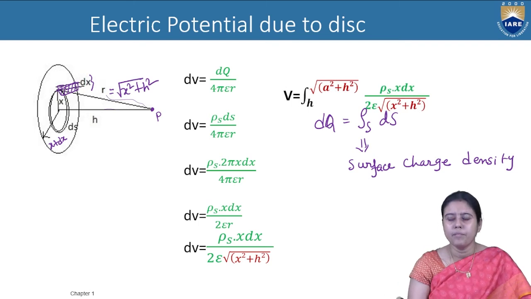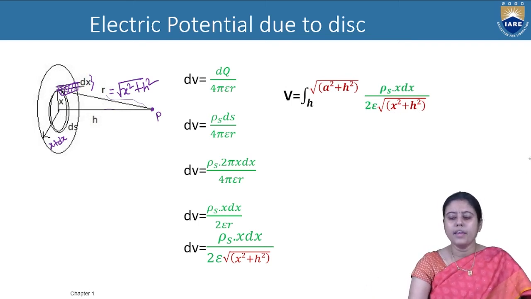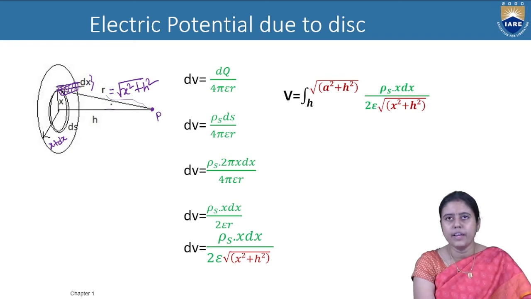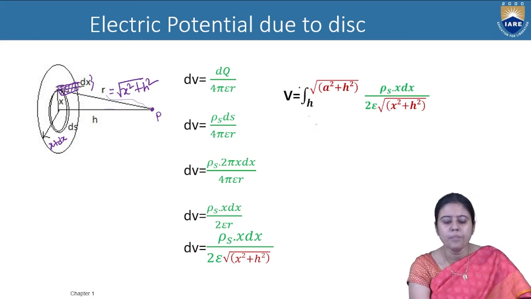Then what is V? We are bringing the charge from P, which is at distance h, to this disk, from this point to this point. So the limits are h to root of a square plus h square.